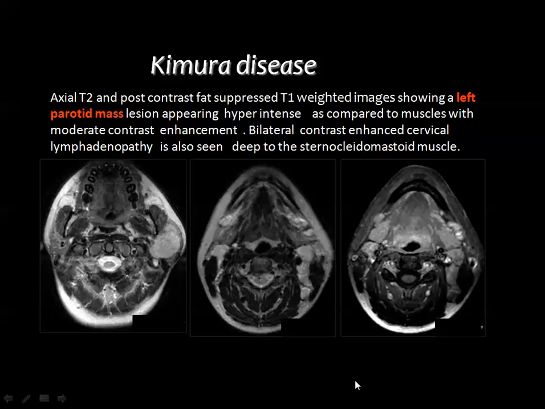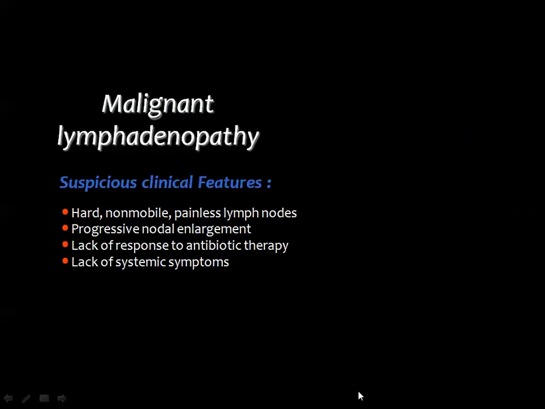And we came to the malignant lymphadenopathies, and we include the metastatic disease and lymphomas. These are the clinical suspicion criteria for malignant lymphadenopathy. The nodes are hard, non-mobile because of the invasion of the surroundings.